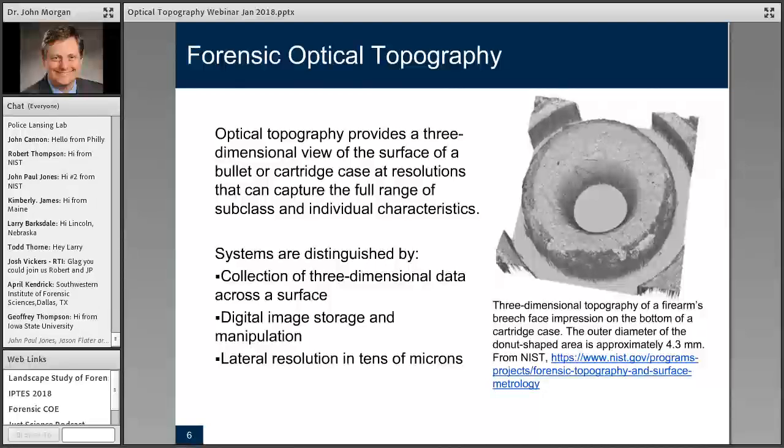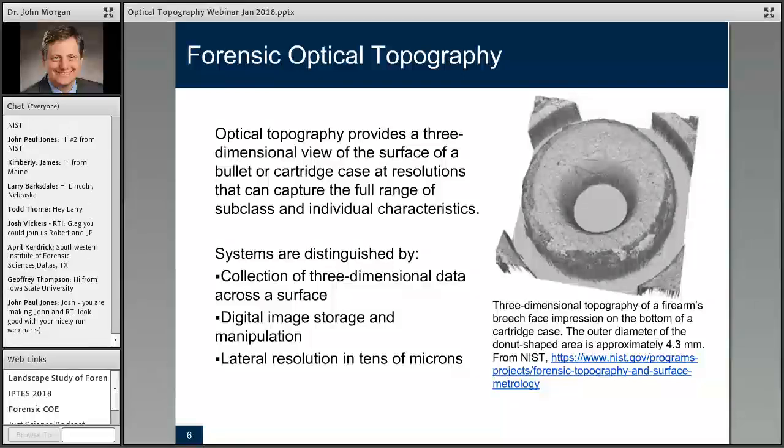Optical topography is how we've decided to refer to this, at least within the FTCOE, and I know this is the term that NIST prefers as well. Optical topography provides a three-dimensional view of the surface of a bullet or cartridge case at resolutions that capture the full range of subclass and individual characteristics. In this case, of course, we're using optical systems to do it.